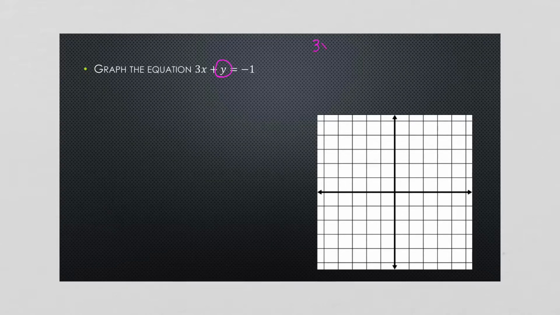So we're going to change the format of this a little bit, and I'm going to subtract 3x from both sides. So that goes away. So I've got y is equal to negative 3x minus 1. Okay, so now this is the equation that I'm going to put in values of x for.